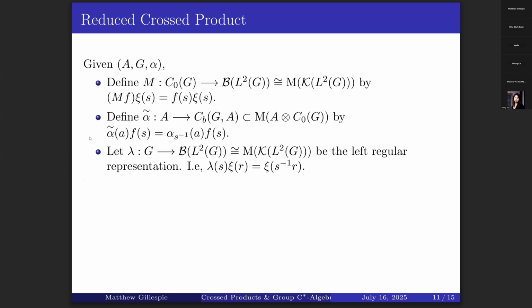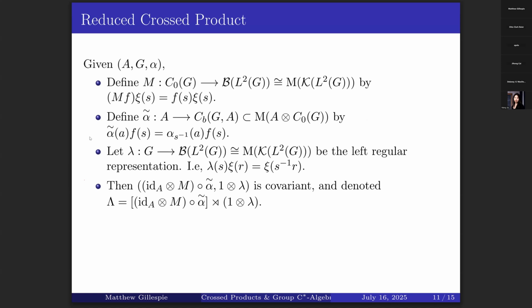Lambda is our left regular representation of the group. And with this data, we can construct the following covariant pair. Hopefully in the tensor product lecture, they talked a little bit about tensor products of representations. Otherwise, this isn't going to make any sense.